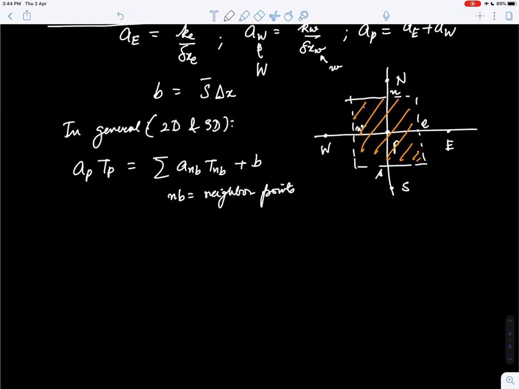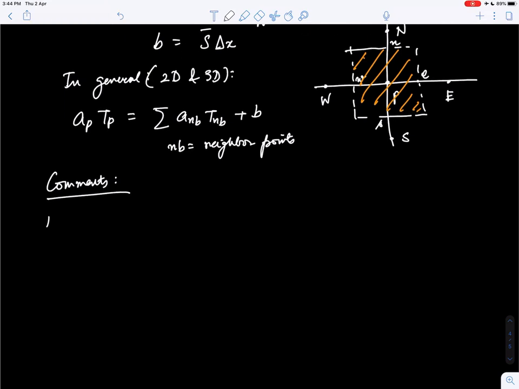Okay, so let me make a few comments about this method now. First is that we need not take the simplest possible profile assumption for calculating dT/dx.